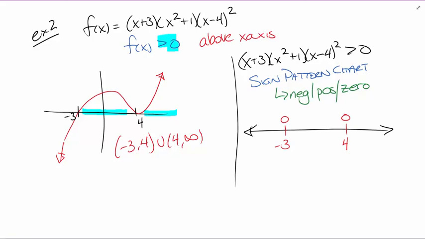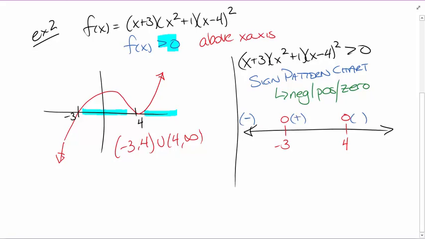I'm then going to look at each factor independently and determine the sign of that factor on this interval. So if I look at x plus 3, on the interval from -infinity to -3, if I plugged in a number over here like -4, I would get a negative number. But if I plugged in a number between -3 and 4, for the x plus 3, I would get a positive.